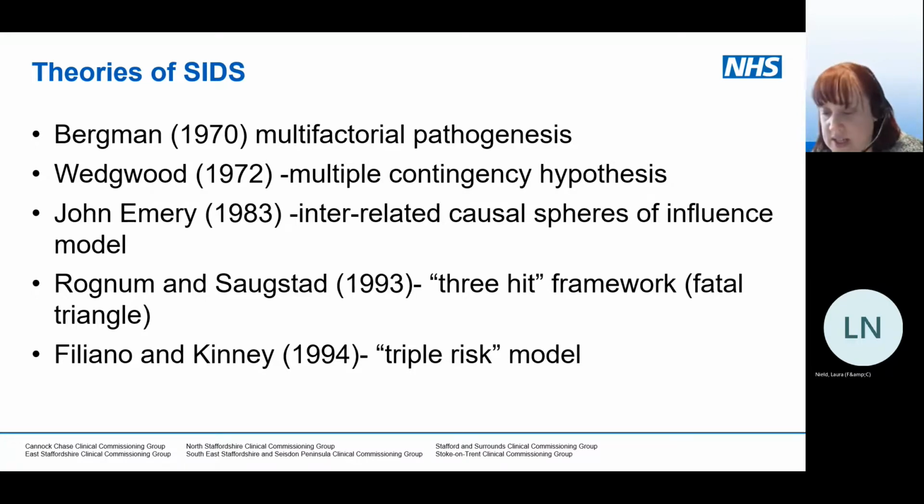So John Emery in 1983 built on that further, but had some different thoughts about what the proposed risk factors were. He proposed risk factors of subclinical tissue damage from infection, environmental triggers such as poor nutrition and medical care, and poor postnatal development of reflexes and responses.